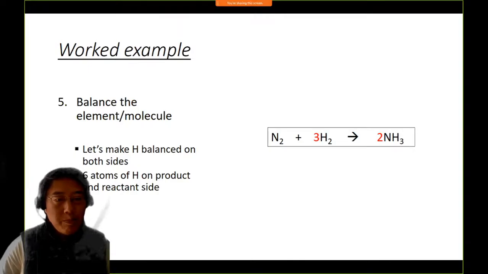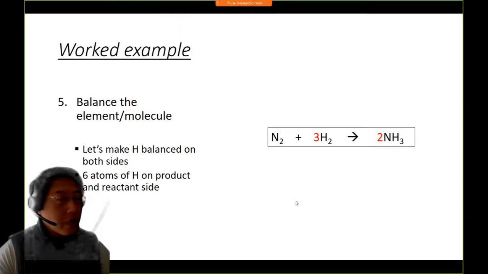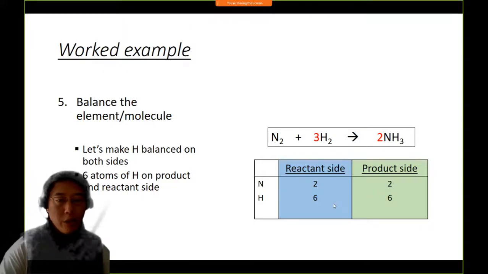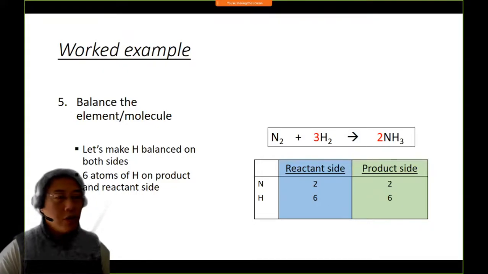So I'm just going to pause my side of it. So what you would do is do that table, and what you can do is reuse the table that you have drawn. I have a PowerPoint, so I can create a new one, but with yours, what you can do is just cross off the values. So here your N2 gives you 2, and here you recalculate your hydrogen.